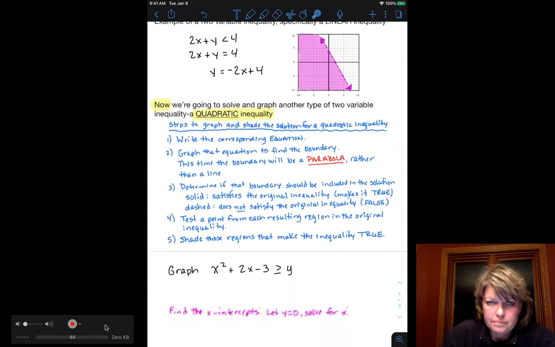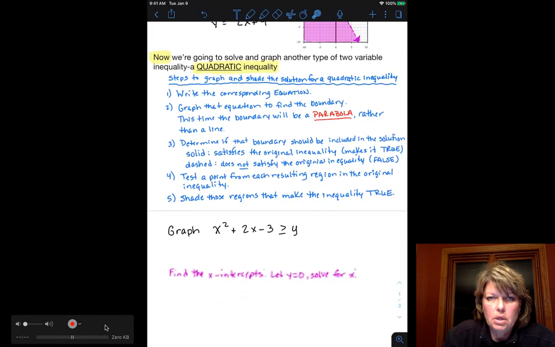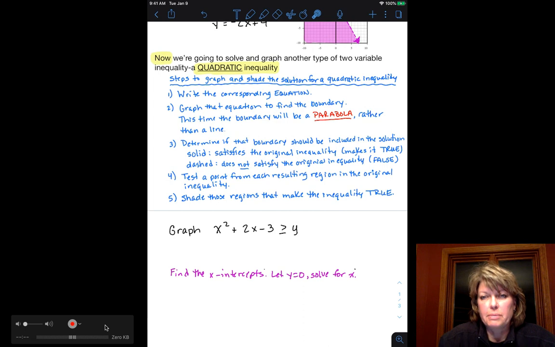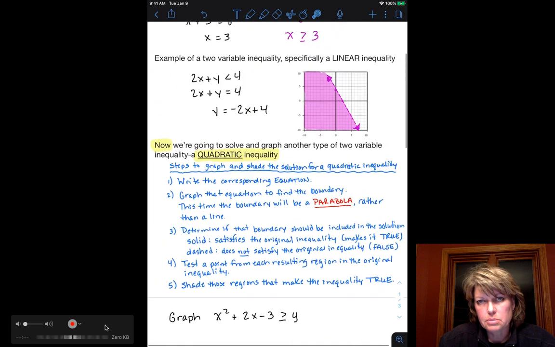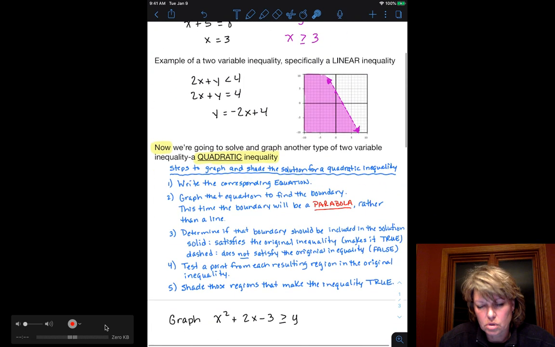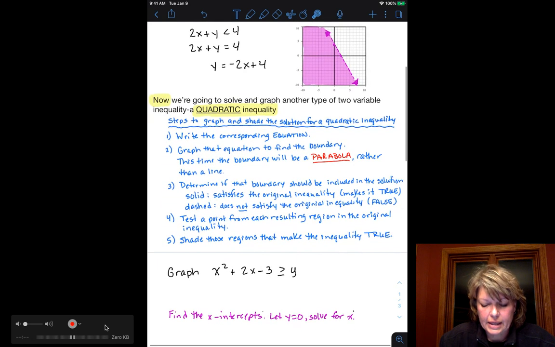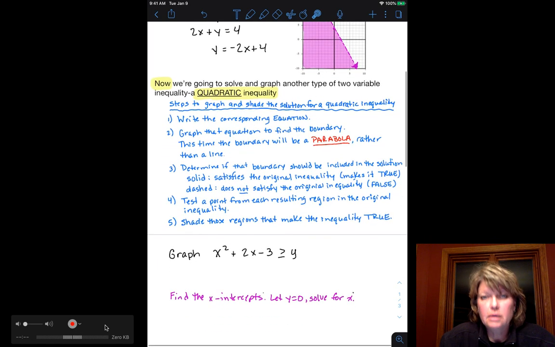So today we're going to get into solving and graphing another type of two variable inequality, more like these because it's two variable, but in this case, they're quadratic. Quadratic meaning, hopefully, power of 2, graphing a parabola. So all of the steps are going to be exactly the same.